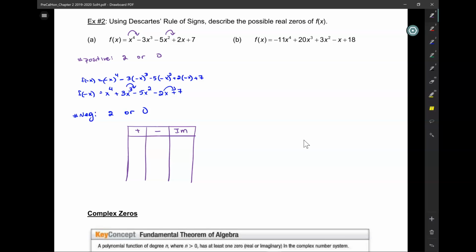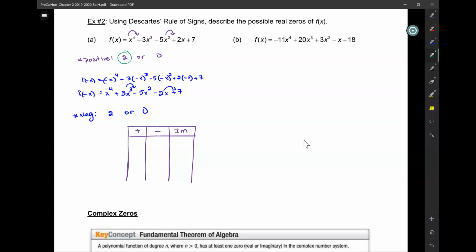So now, here's what you're going to do. You have to match each one of the positive ones with each one of the negative ones. All right? So look at how we do this. If you have 2 positives, you have to match that green 2 with each one of these blues.